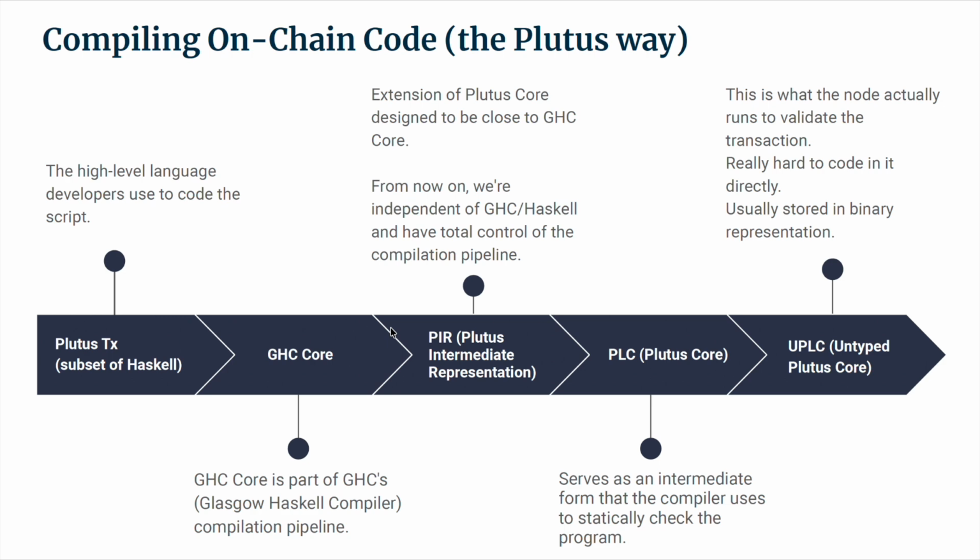So next we want to give an overview of the compilation pipeline for the on-chain code, and also compare the way it is done in Plutus versus in OpShin. So here you see this pipeline for Plutus. And the idea, as in many or all compiled languages, is that we have a high-level syntax with many instructions that is human readable and is nice to code in.